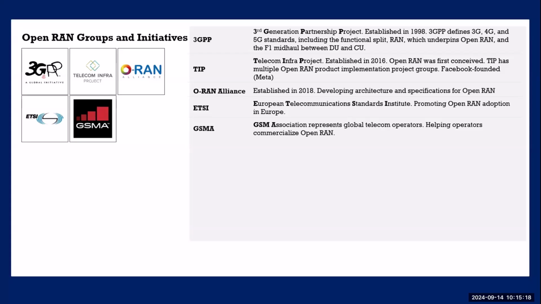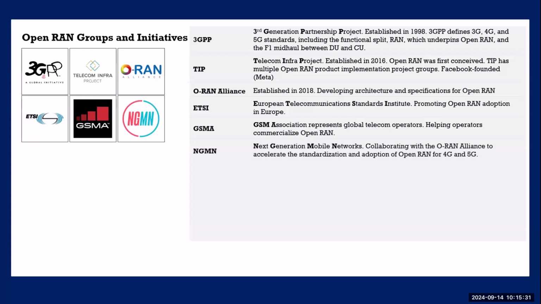GSMA, or the GSM Association, represents the global telecom operators, helping operators commercialize Open RAN. Who else? The NGMN. Okay. NGMN is the Next Generation Mobile Networks. So they are the ones collaborating with the O-RAN Alliance to accelerate the standardization and adoption of Open RAN for 4G and 5G.